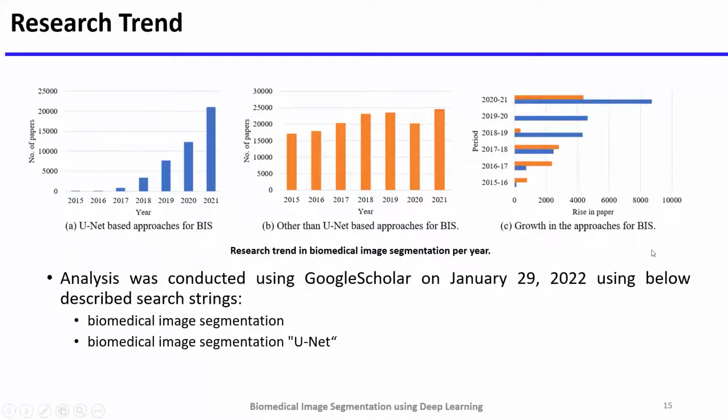So it indicates that biomedical image segmentation is really a very trending area of research, and it has a lot of potential to explore better practices, not only in medical imaging but in some other practices which can help us create a better environment, better living standards for everyone.